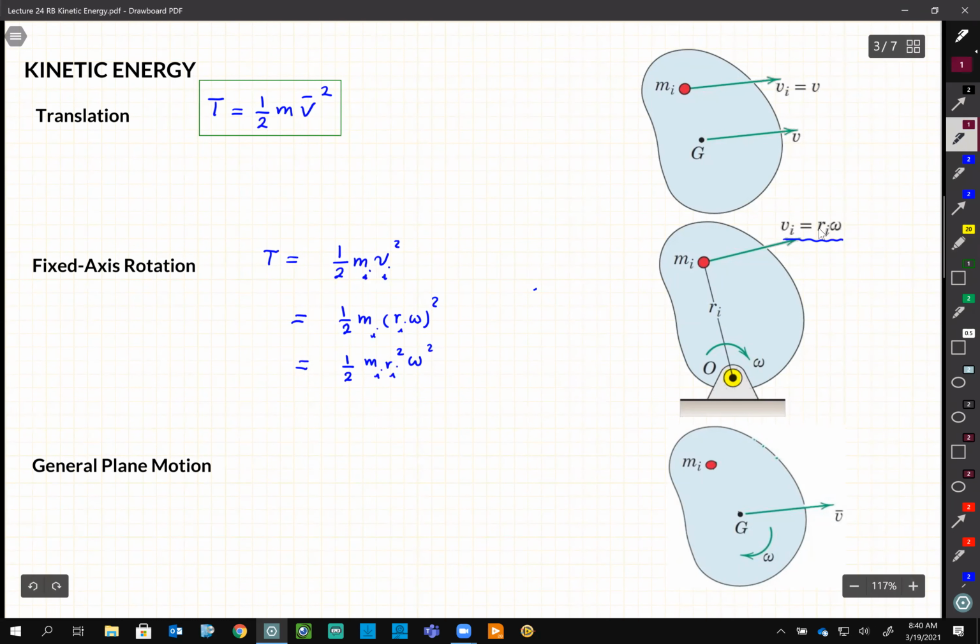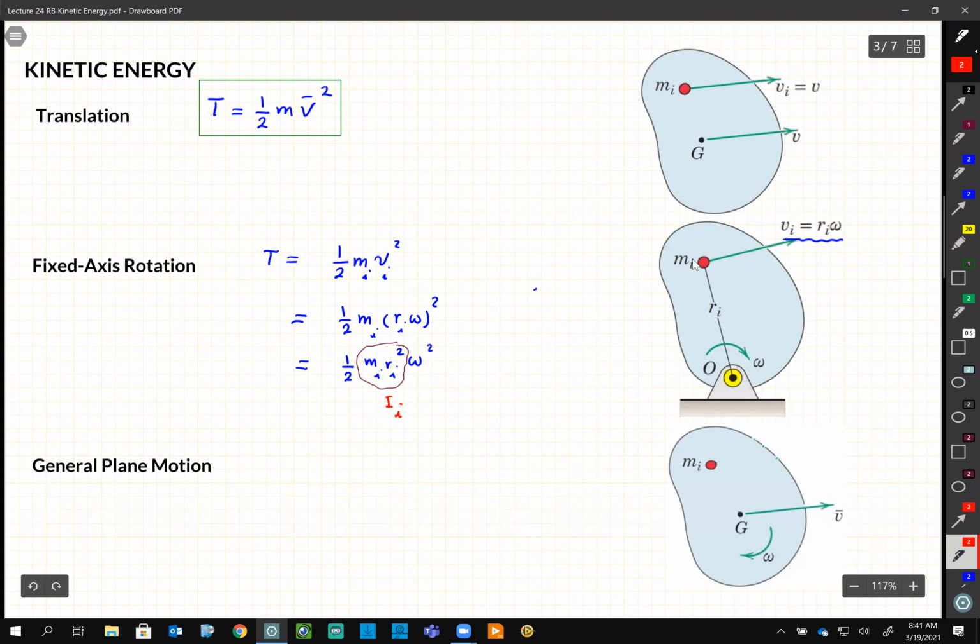So we know this guy has a definition. Do you remember from lecture 21 when we talked about mass moment of inertia? The definition of mass moment of inertia was mass multiplied by its distance squared. So this is I, the moment of inertia for this little mass mi.